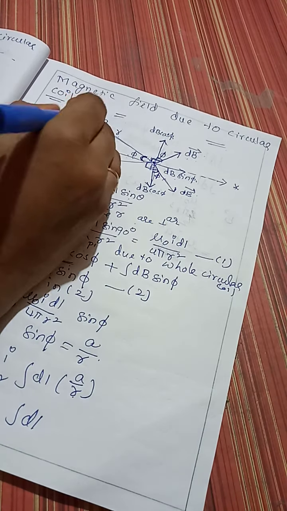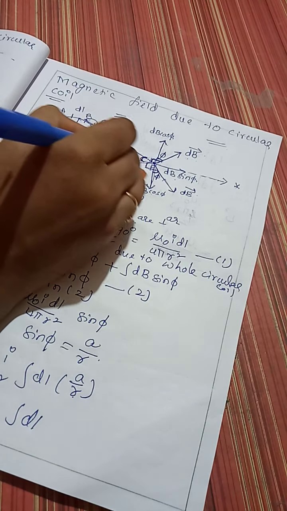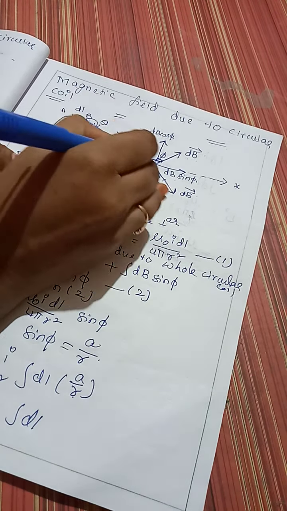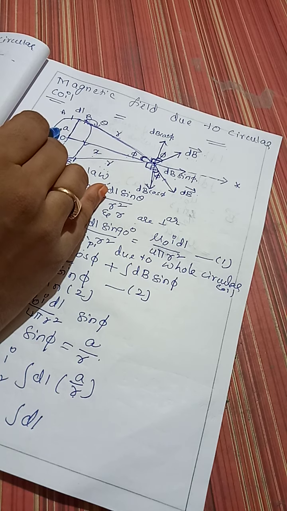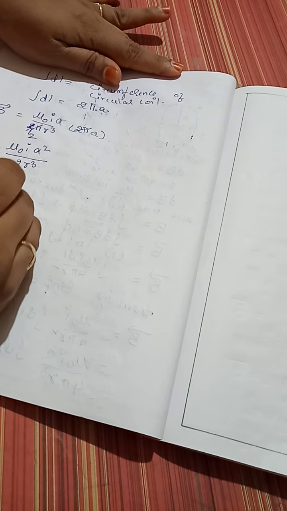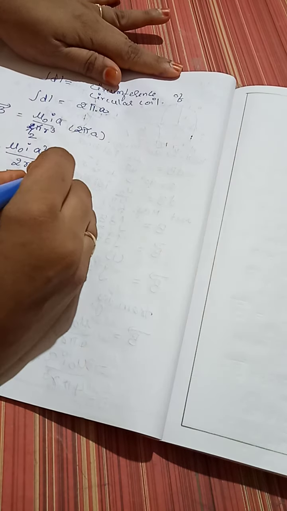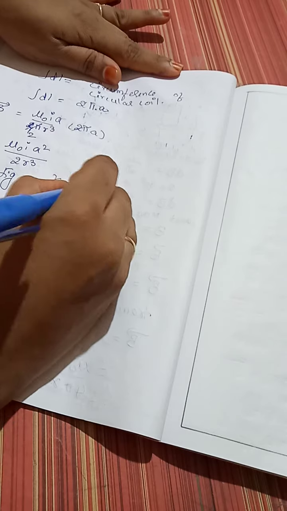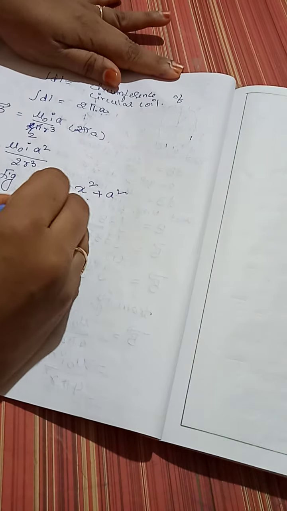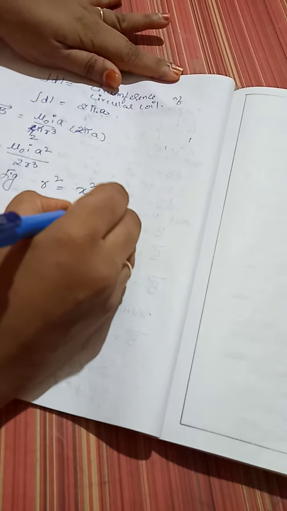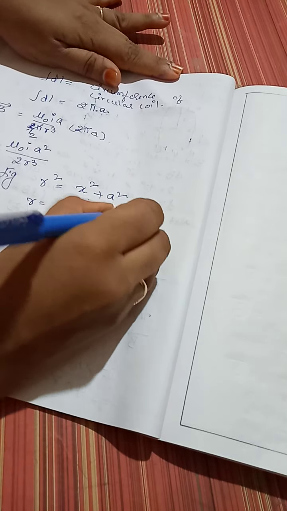If we consider this triangle, from the figure r square is equal to x square plus a square, or r equals x square plus a square to the power 1 by 2.